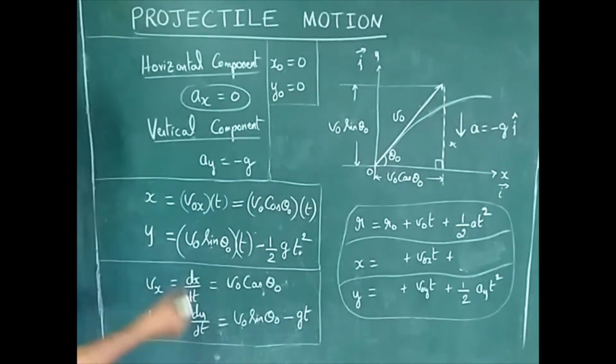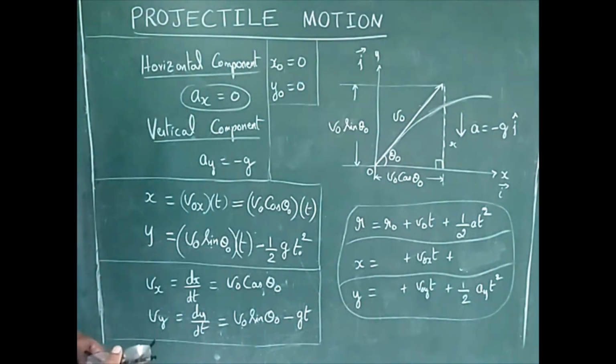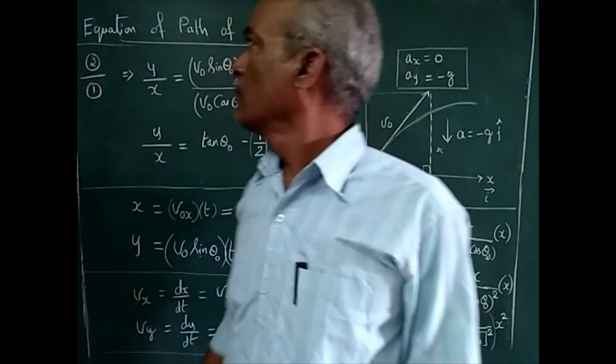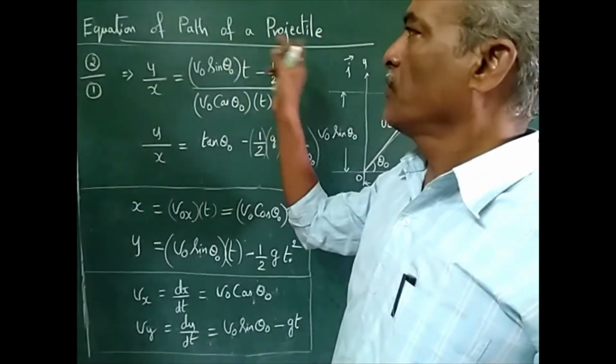So these two are the basic equations of velocity in the horizontal component, and this is along the vertical component. Now we have to find the equation of the path of a projectile.